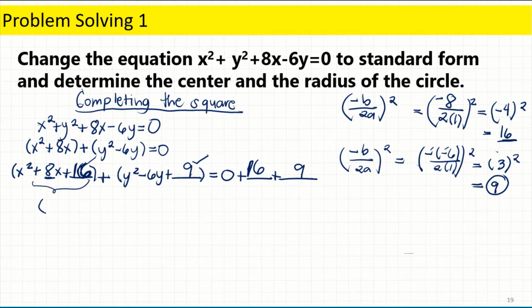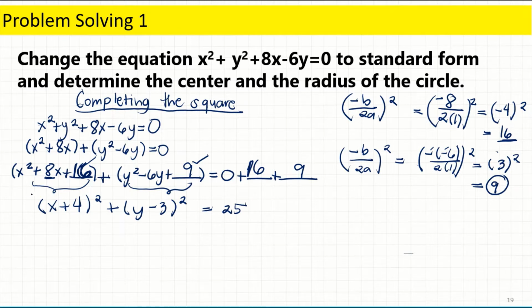When we factor this, it becomes the quantity x plus 4, squared, plus the quantity y minus 3, squared, is equal to 16 plus 9 plus 0, which equals 25.